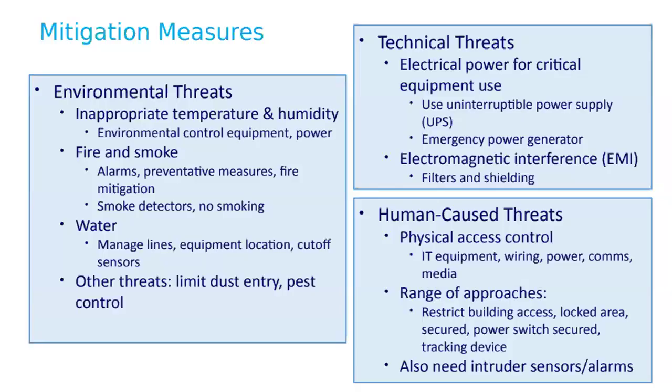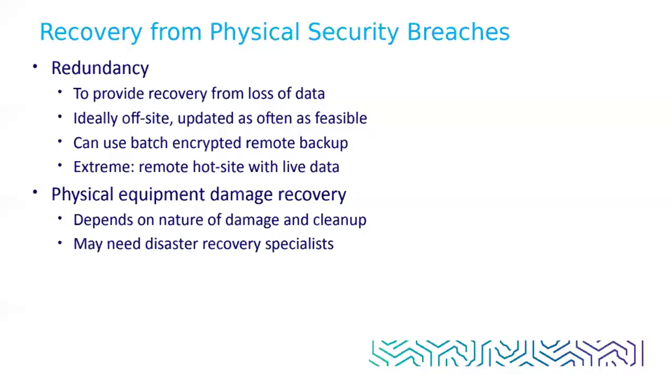The human caused threats are reduced through physical access control, protection of IT equipment, wiring, communication, and media, along with restricted building access, secured areas, tracking the devices, and introducing sensors and alarms also.